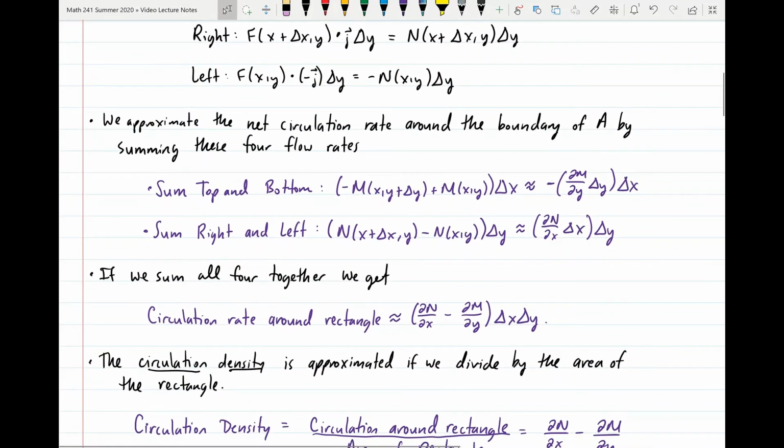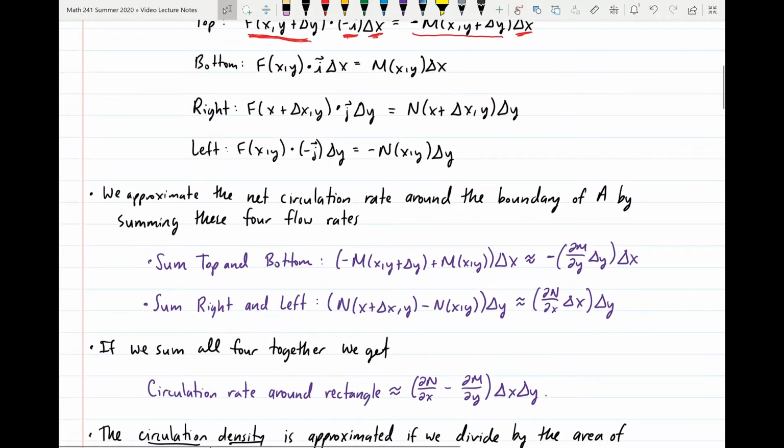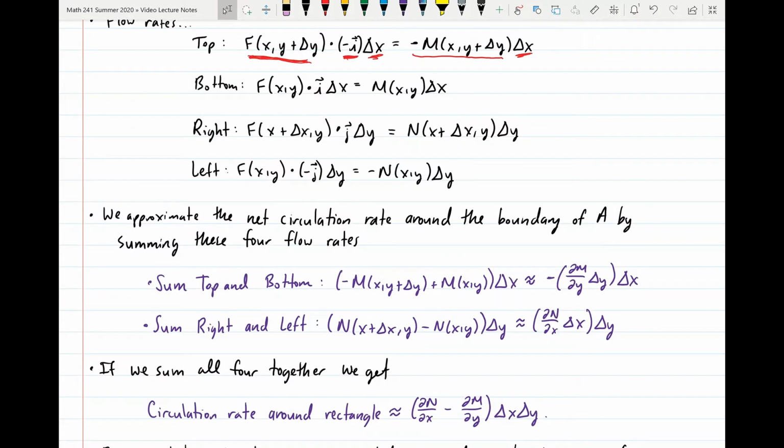So it's kind of instructive to sum them up 2 at a time. If we sum the top and bottom together, then we end up with negative m of x, y plus delta y plus m of x, y, all times delta x. So that's taking these 2 expressions here and summing them together.